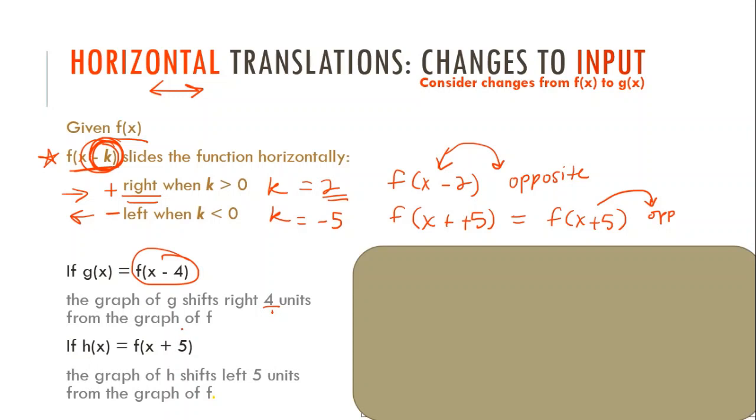So the graph of g shifts right 4 units from the graph of f. And if I were to have a positive 5, I'm actually moving in the left direction. So just remember that the symbol is opposite what's really going on when we shift. And I'm going to show you what that looks like in a second.